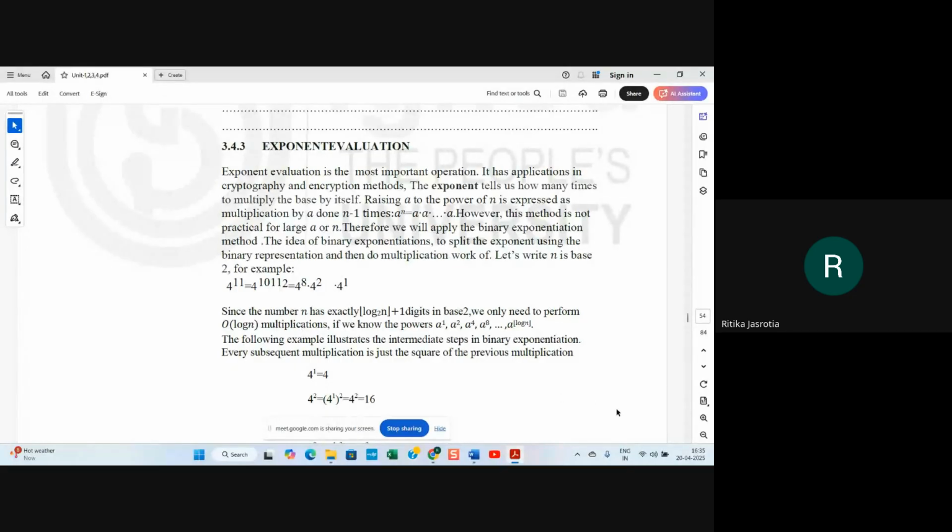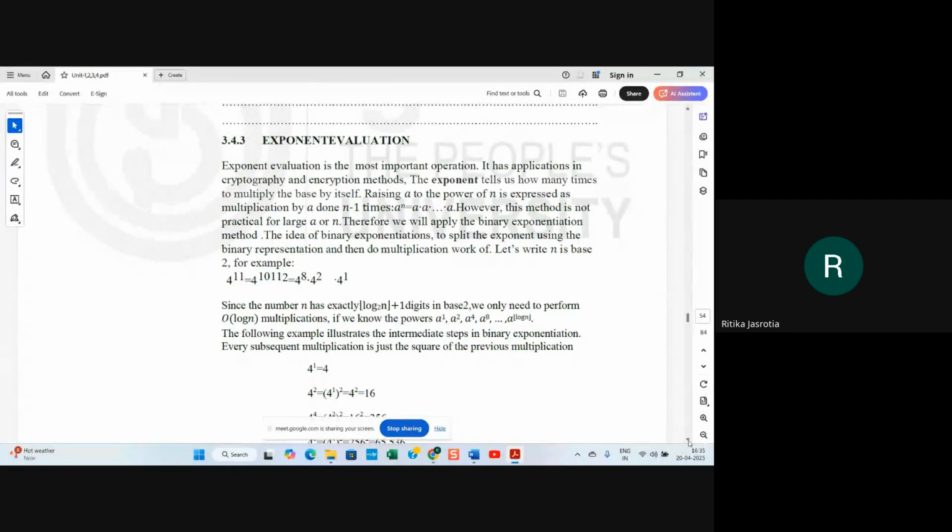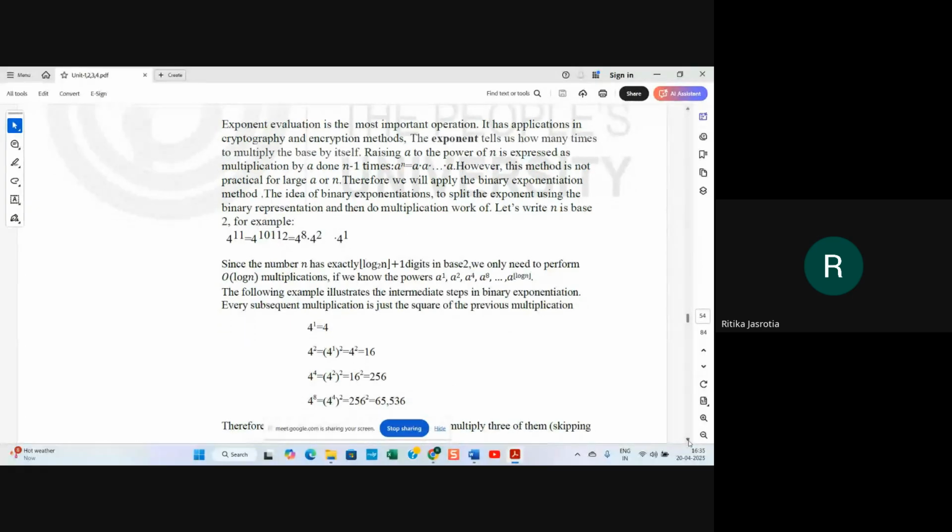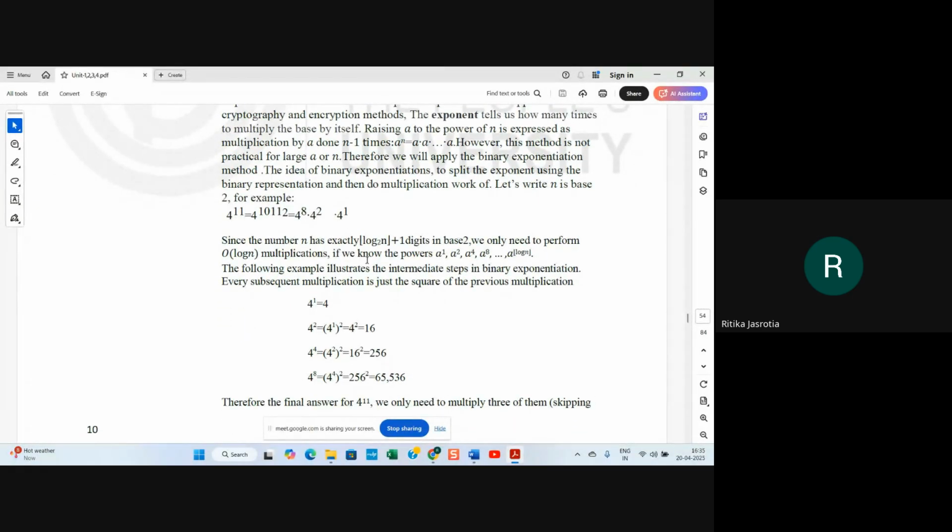So they are saying that when you are doing this power exponent kind of a thing, then it takes log n. So 4 to the power 1 will be 4, 4 to the power 2 will be 16, 4 to the power 4 will be 256, and 4 to the power 8 will be 65,536.